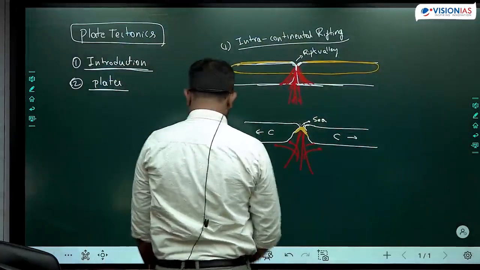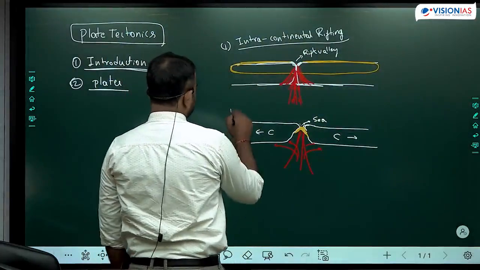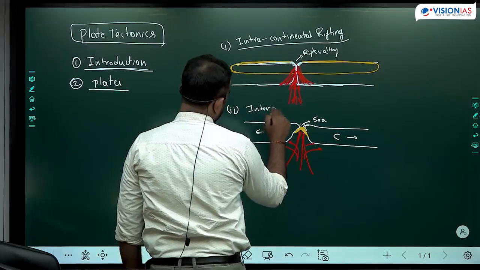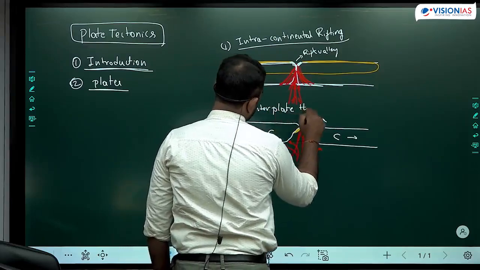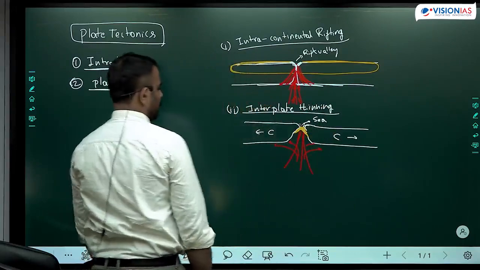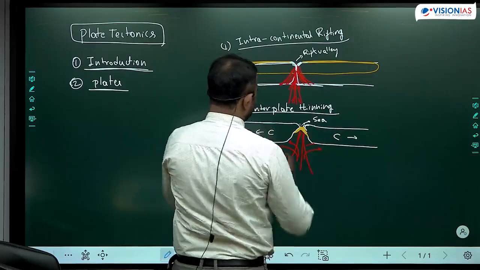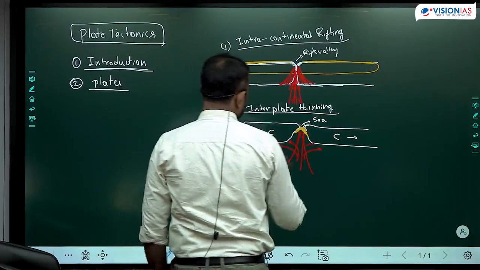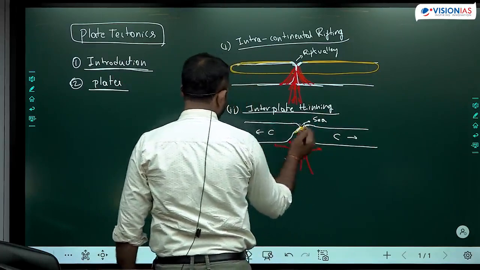After the second stage, interplate thinning. Now interplate thinning has happened, the oceanic floor, both the sides have widened up, and then both the sides are continuously moving away.